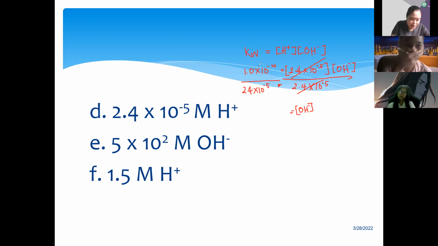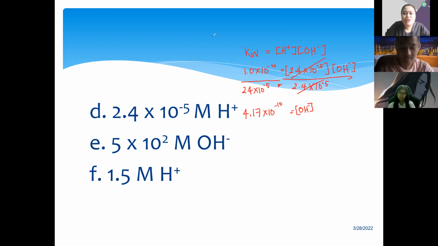Well, let's check. 1.0 times 10 raised to the power of -14 divided by 2.4 times 10 raised to the power of -5. So round it off to 2 decimal places. Yes, correct. 4.17 times 10 raised to the power of -10.